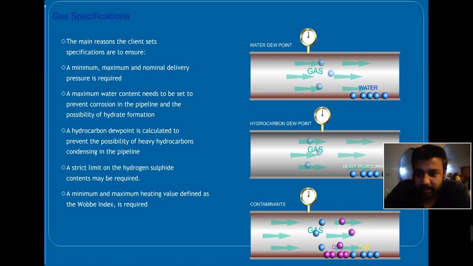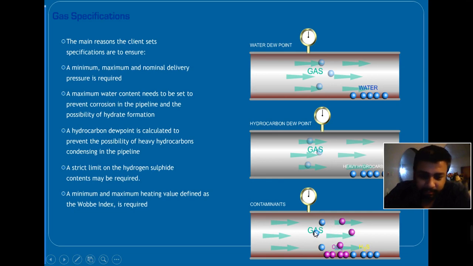And then the third point is the heavy hydrocarbons. What is the heating value of this gas, what heavy hydrocarbon components does it have, and how much of them? Because if they are too much, they can settle down and form a separate phase, and two phases can be formed. So they have to look at whether it is acceptable or not. This is the third thing they look for. Then another thing they look for is the contaminants.